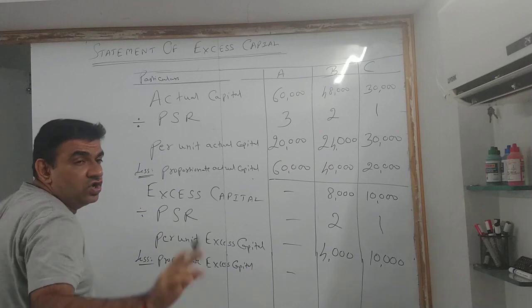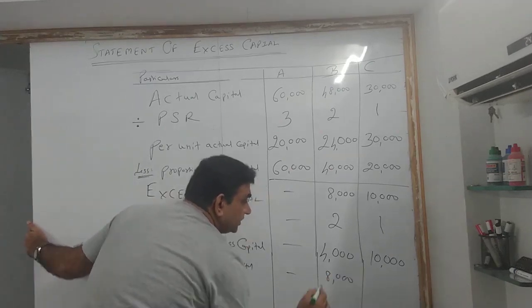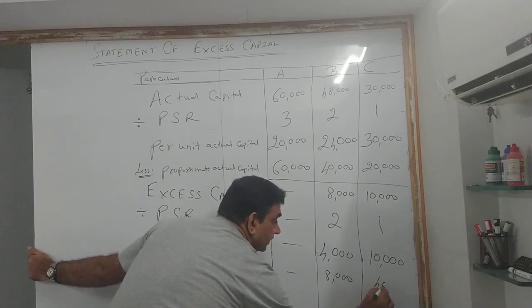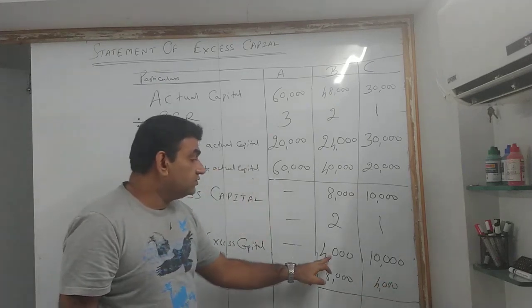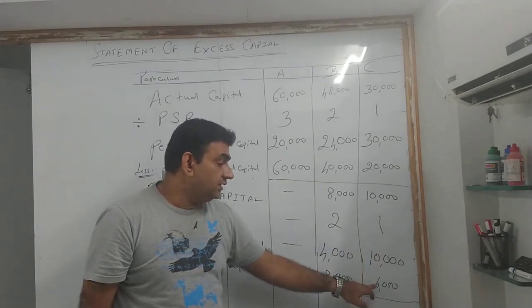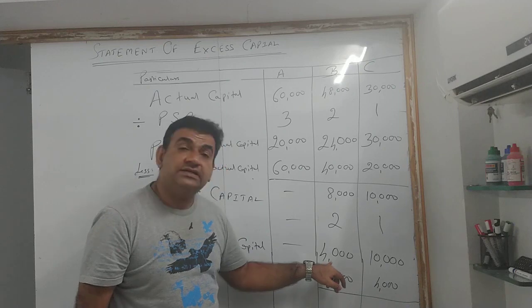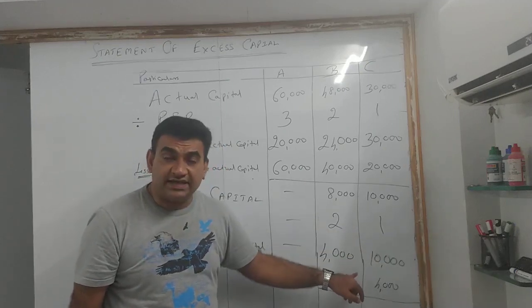So what you will do? Lowest is 4. 4,000 into 2, 8,000, and 4,000 into 1, 4,000. Clear with this same step? I take the lowest, multiply by the respective PSR.